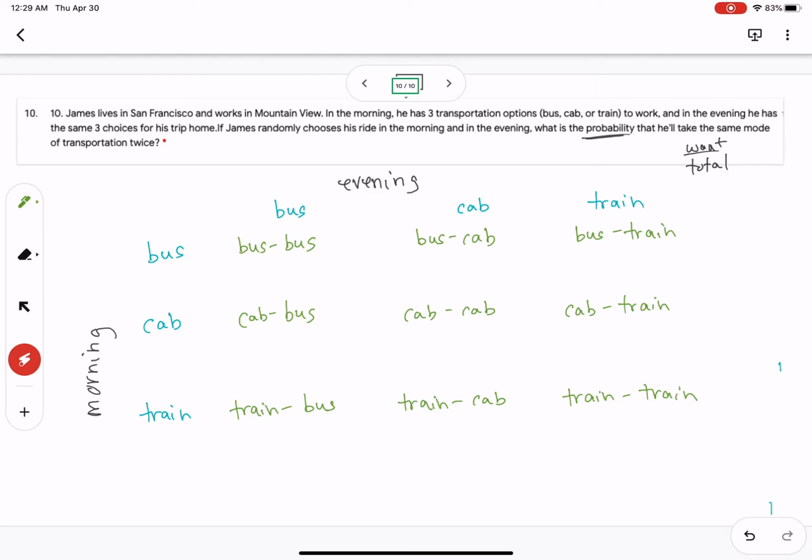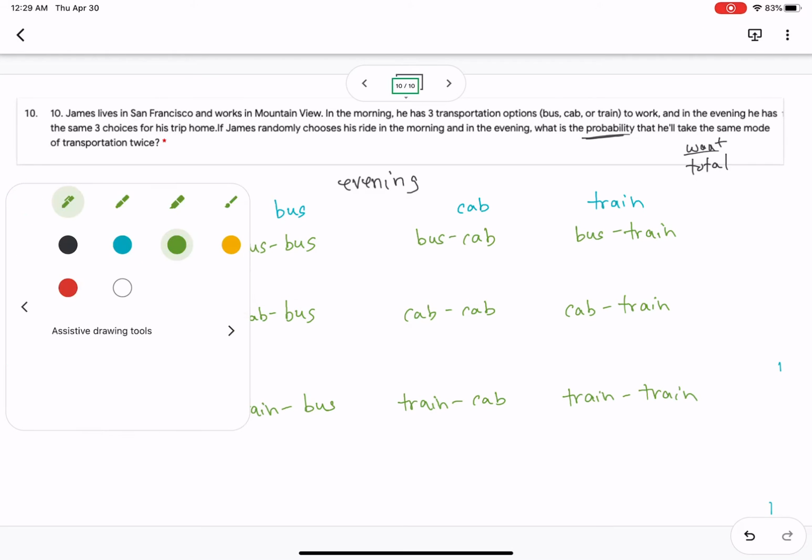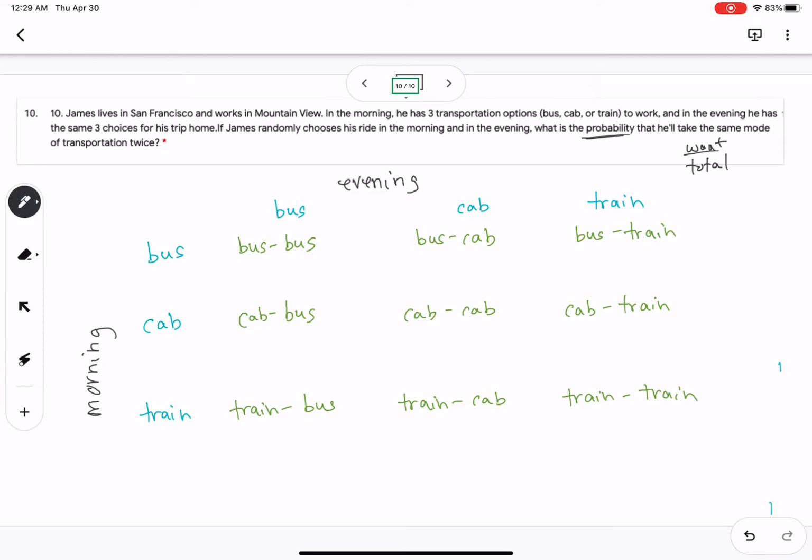Now it says, so again, probability, so want over total. So we just went through and found all our different options, which is going to give us our total here, right? So again, there's 1, 2, 3, 4, 5, 6, 7, 8, 9 possibilities. Okay, so 9 total. So what's the probability that he'll take the same mode of transportation twice?